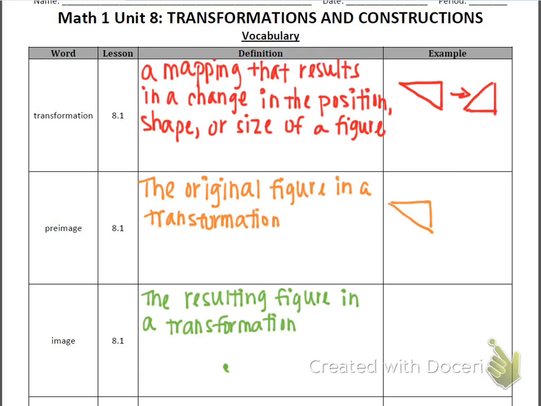So in our first example, the image would be this triangle.